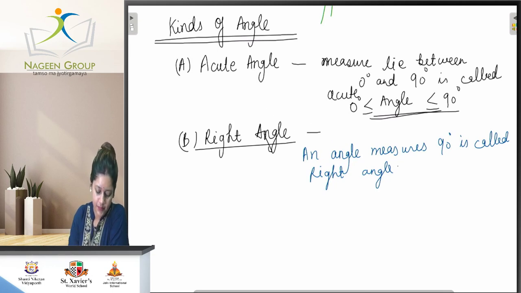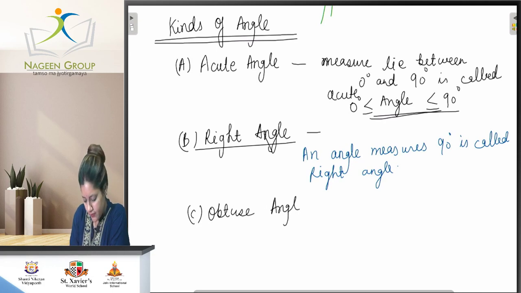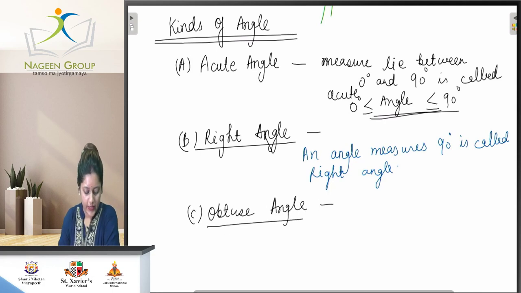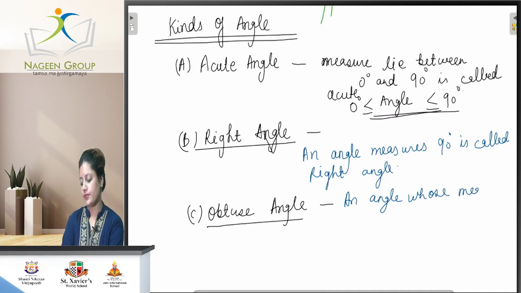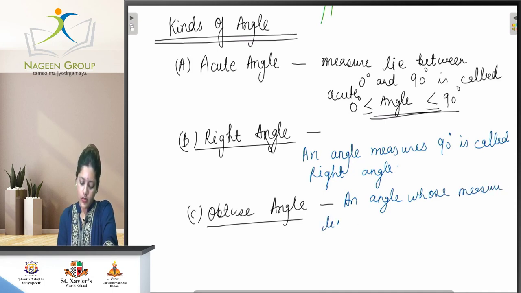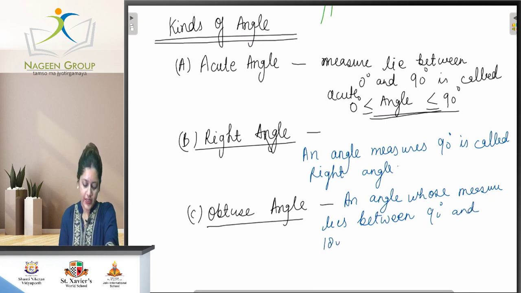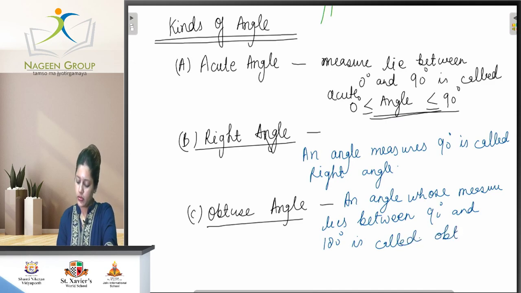Next is the obtuse angle. An angle whose measure lies between 90 degrees and 180 degrees is called obtuse.